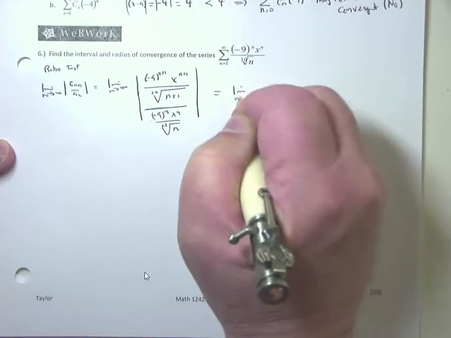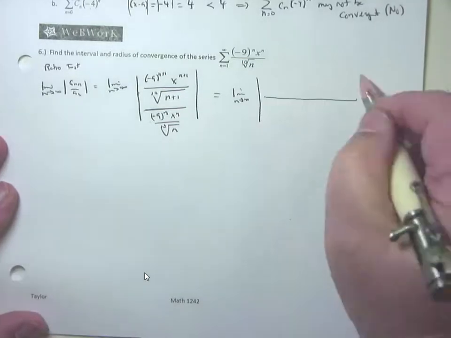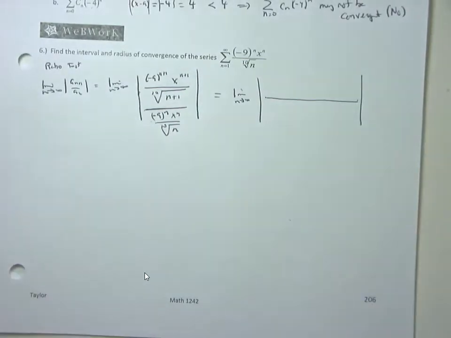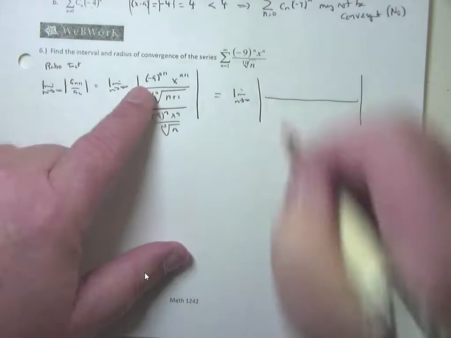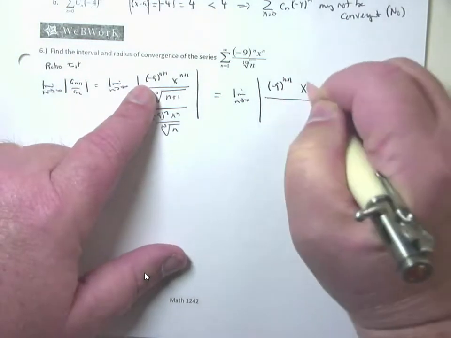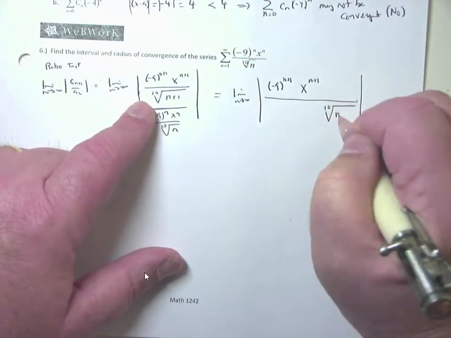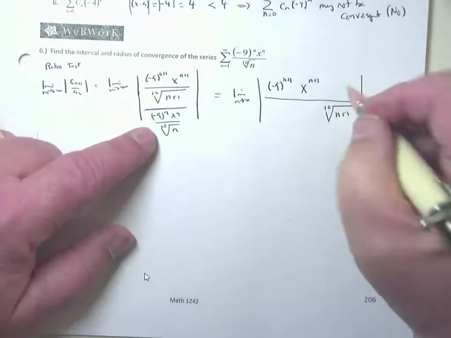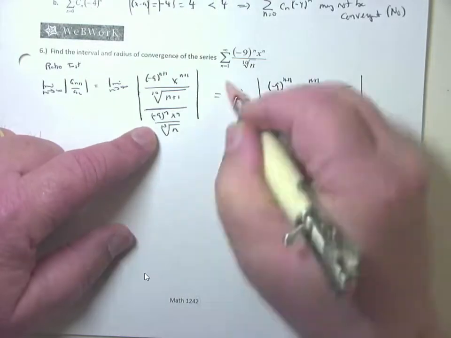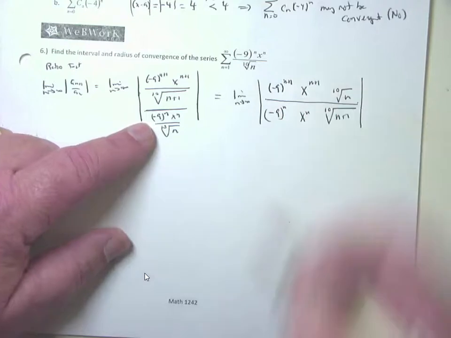And again, the trick is invert, multiply, and group together like terms. So here you've got negative 9 to the n plus 1, x to the n plus 1, divided by the 10th root of n plus 1. When I invert and multiply, the 10th root of n will go on top, the x to the n will stay on the bottom, and the negative 9 to the n will stay on the bottom.